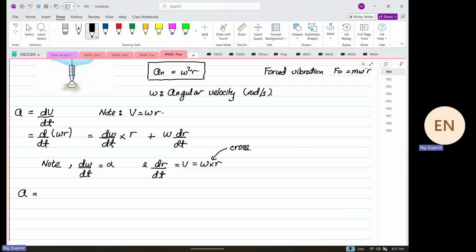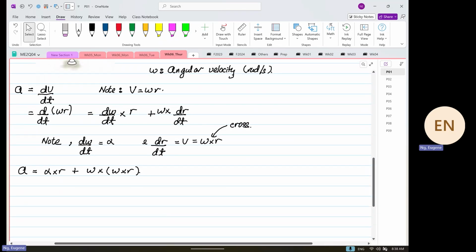So the acceleration now will be equal, so we substitute d omega over dt, which is equal to alpha, so alpha cross r, plus omega cross omega cross r. I missed out a cross over here.